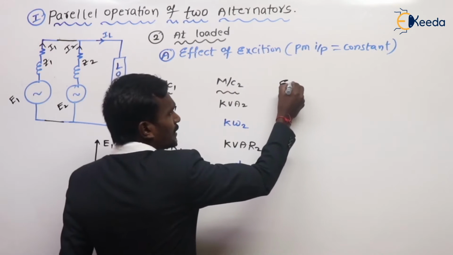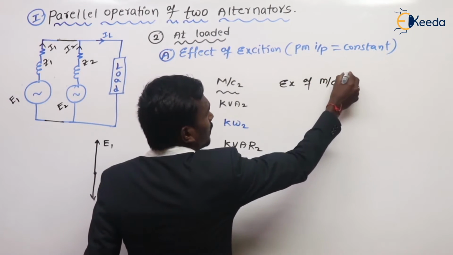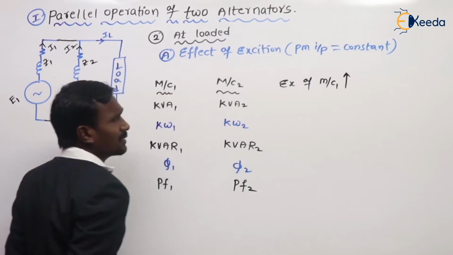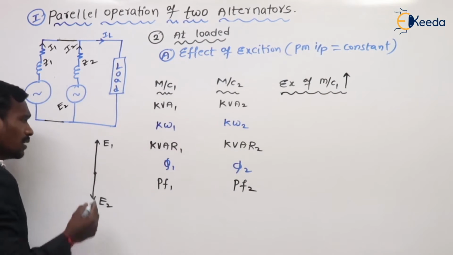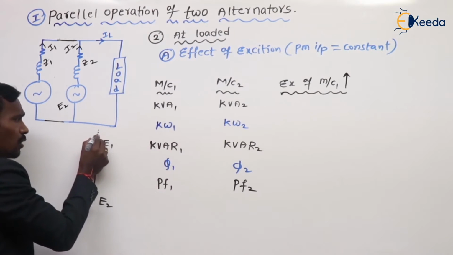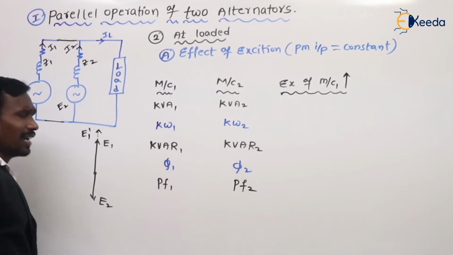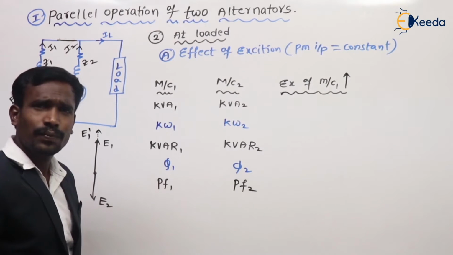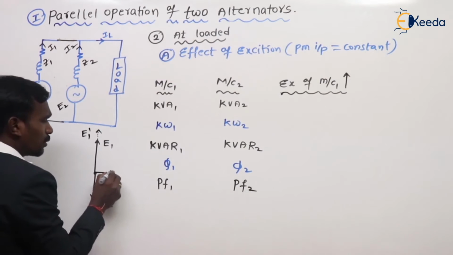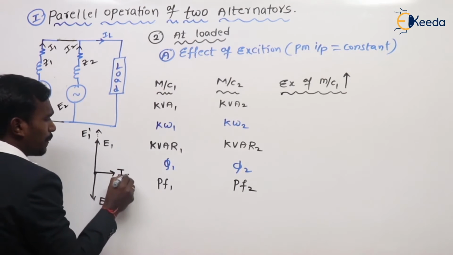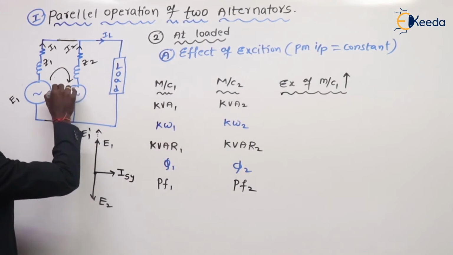When excitation of machine 1 increases, I increased my machine 1 excitation, then this goes like this. This is E1 dash like this. Are you getting or not? Nothing but the circulating currents come into picture.